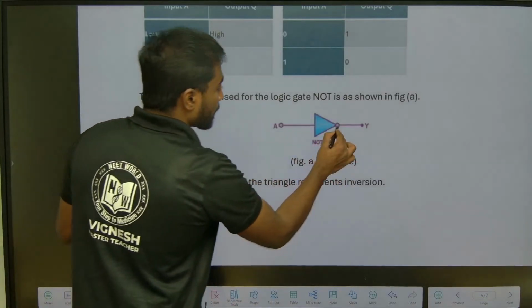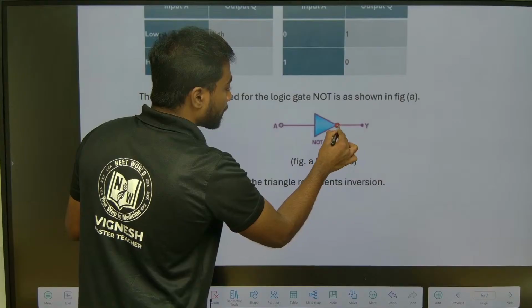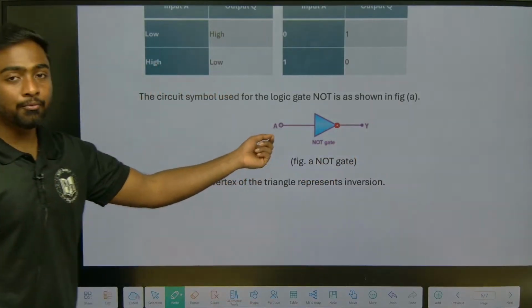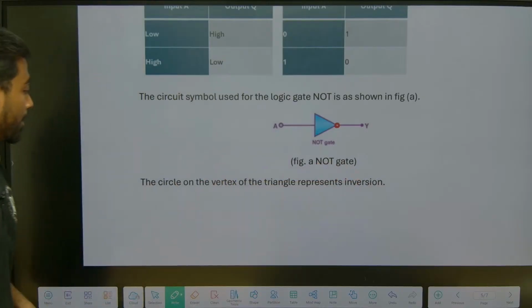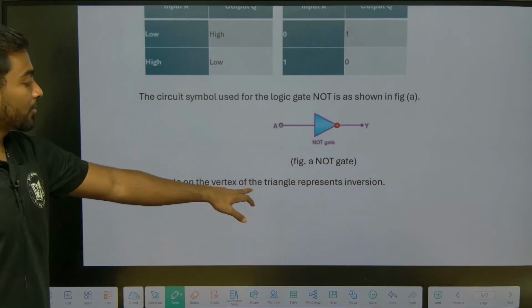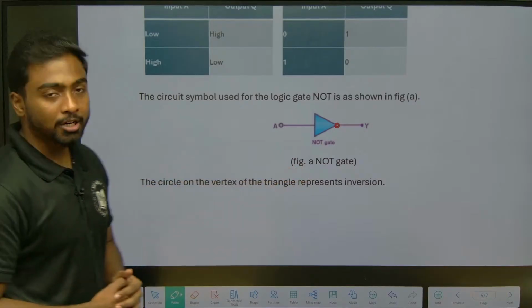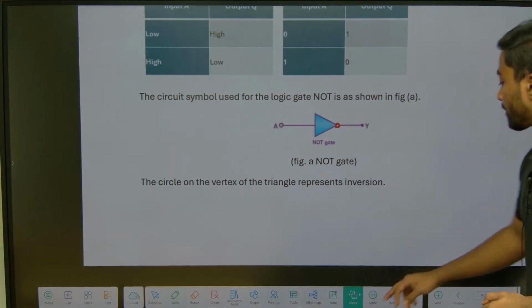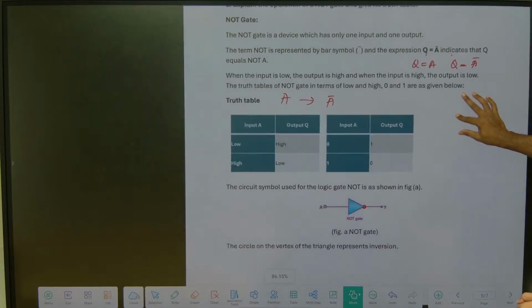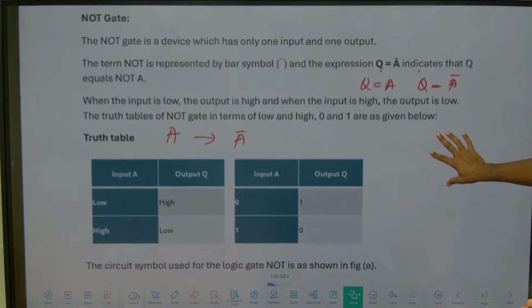That is, if we take a circle or bubble in front of that triangle, it will be a NOT gate. The circle at the vertex of a triangle represents inversion. So this is about the NOT gate. Got it?